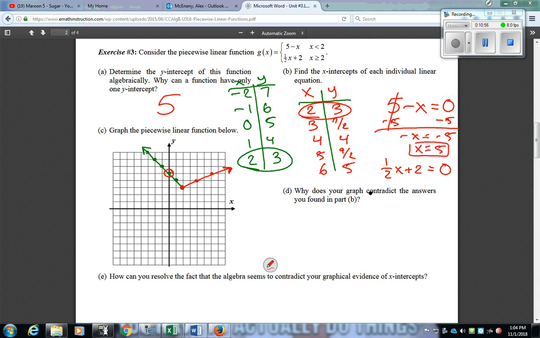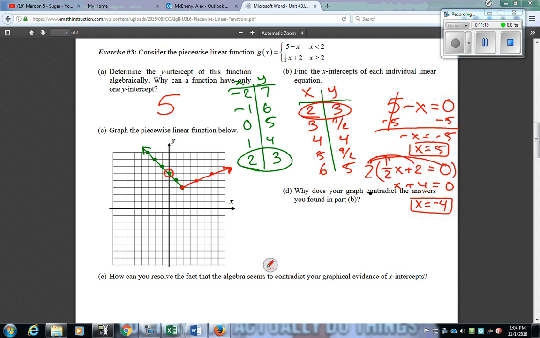So for the first equation, x is 5 is the x-intercept. And then for the second one, I'm going to just multiply everything by 2. So then I have x plus 4 equals 0. Then subtract 4 on each side, and I'm going to get x is negative 4. So the second one says we have a 0 at negative 4.